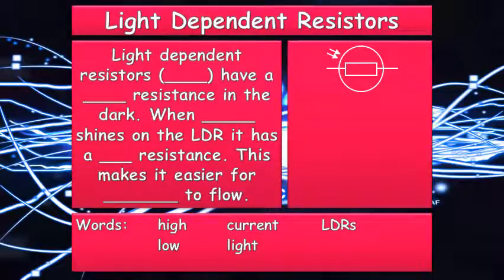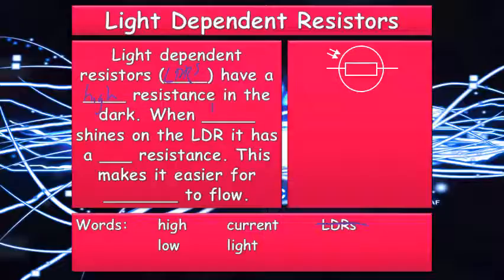The next example is an LDR or light dependent resistor. So again, pause the video and try and fill in the gaps, and then we'll go through it together. Okay, so welcome back. So light dependent resistors, or LDRs, have a high resistance in the dark.